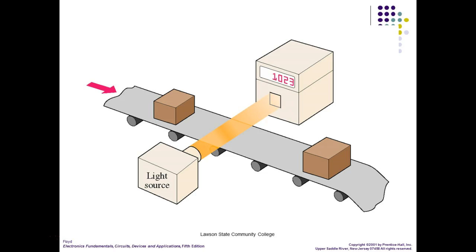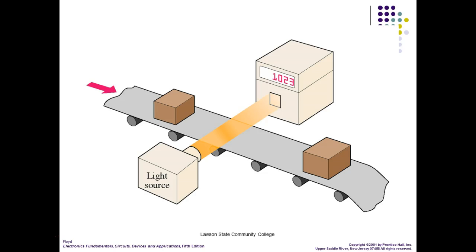This is one way we can use these. We could have a light source on one side, which is going to be an LED. Then we shoot this over to a receptor, which could be a photodiode, but it's highly unlikely now. It'd probably be a phototransistor, but it does the same thing. It senses the light.